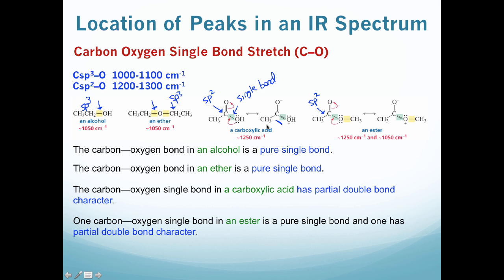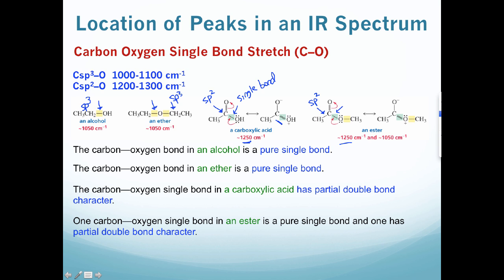That double bond character results in an increase in the stretching frequency. So if the carbon is sp2 hybridized, the carbon-oxygen single bond stretch is going to be between 1200 and 1300 wave numbers. So in this case, 1250 wave numbers for the carboxylic acid, and then the sp2 carbon-oxygen single bond stretch in an ester is going to occur at about 1250 wave numbers.